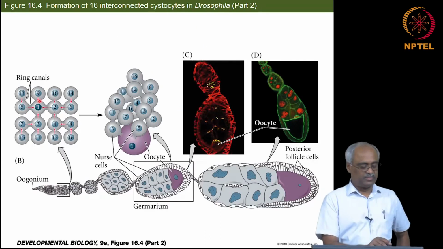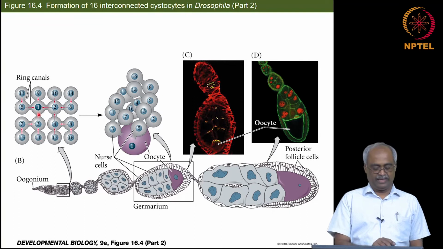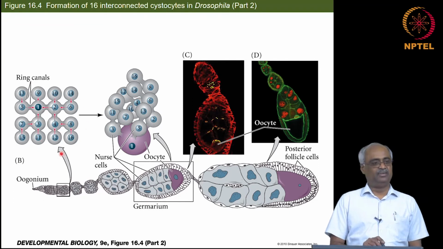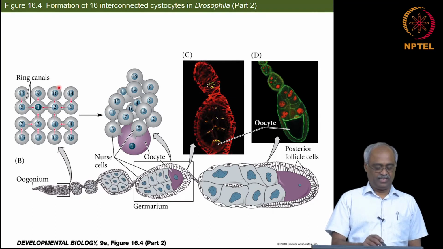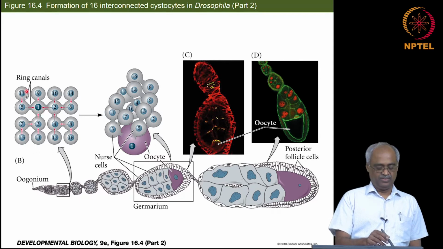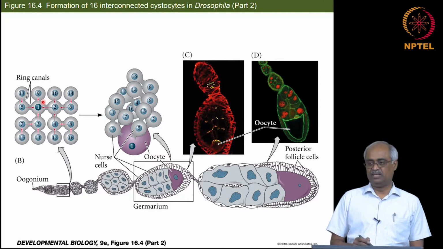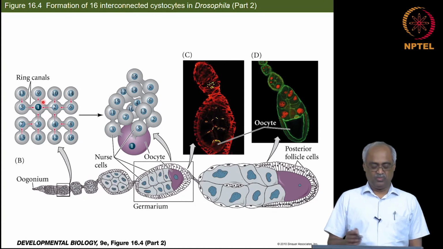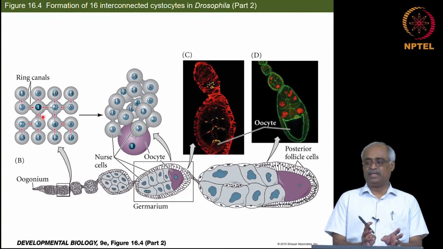So, it is going to keep dividing, and then finally you will end up getting this sort of an interconnected set of 16 cells, where if you see, these two cells have the maximum connection, they are connected to 1, 2, 3, 4 more cells, while the other one, see, this is connected to only 1 and this is connected to 2, and so similarly you see them, and you never see any other 2 cells connected to 4 connections, and the one that has the 4 connections will get the maximum cytoplasmic output from the other cells.